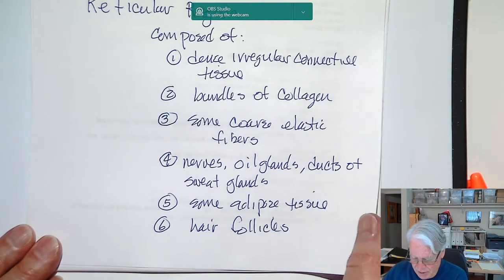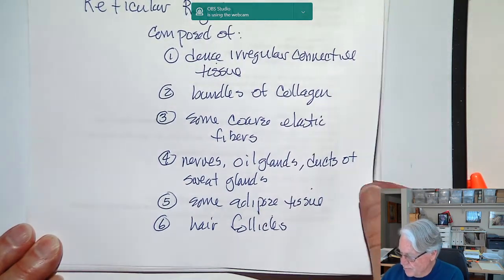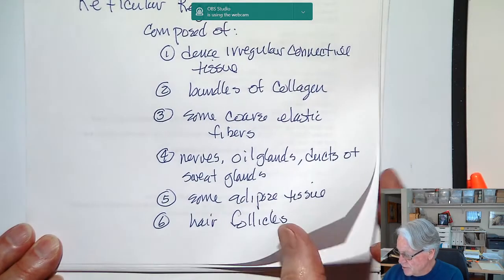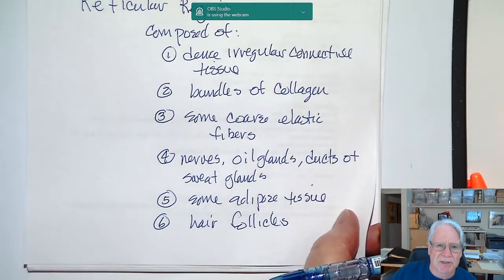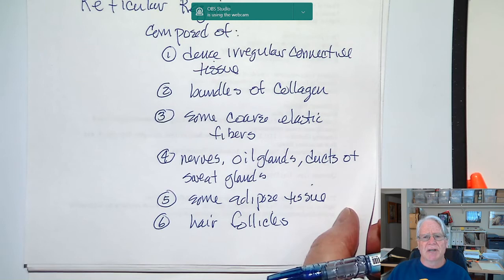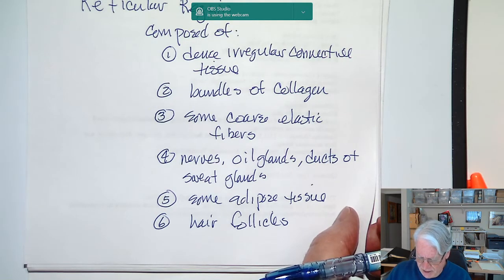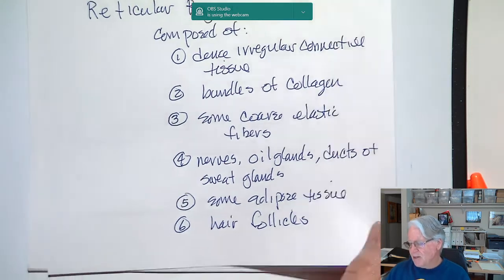And the composition of the connective tissue, the dense irregular connective tissue, plus the bundles of collagen fibers and some of these elastic fibers, are going to give you strength, extensibility, and elasticity.